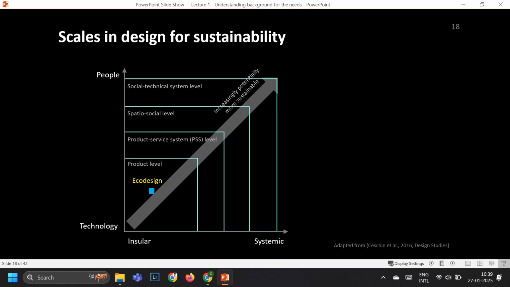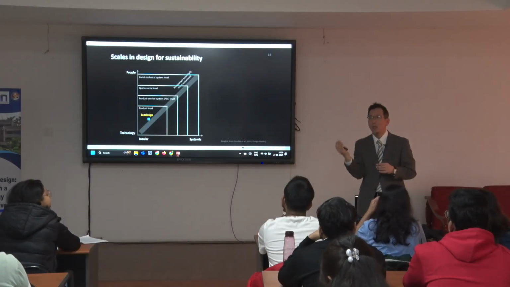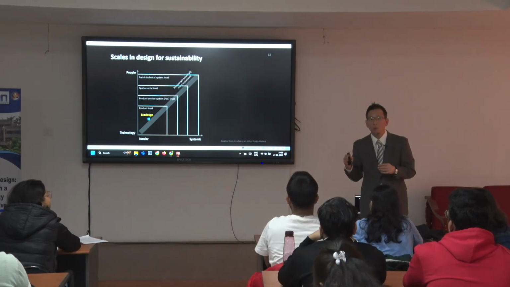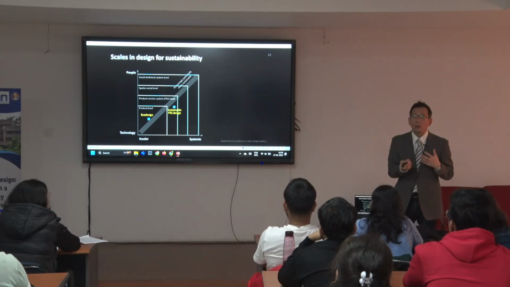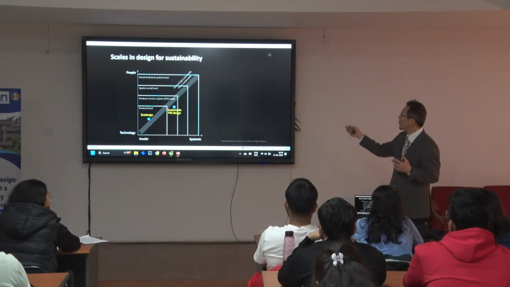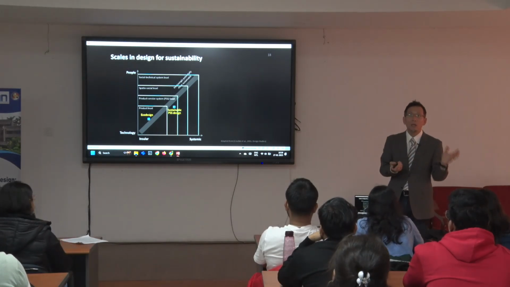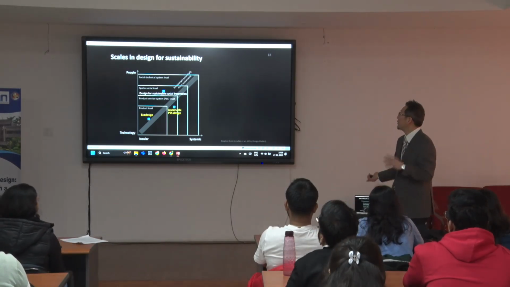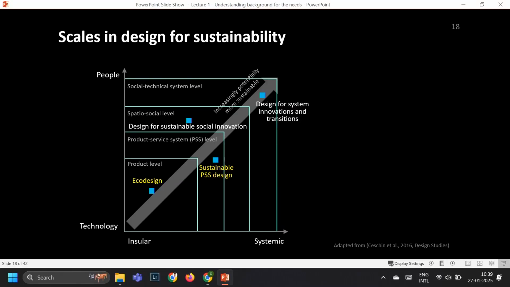As I showed you in one of the first slides, the requirements and demands from societies have become so much more complex that products alone cannot address such challenges enough. So therefore, the research area, so-called sustainable PSS, has emerged. And then other topics like social innovation and socio-technical system innovation are also becoming relevant.